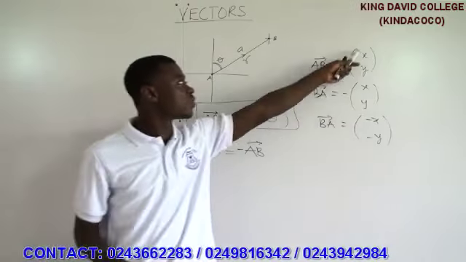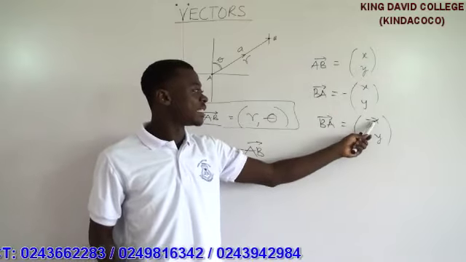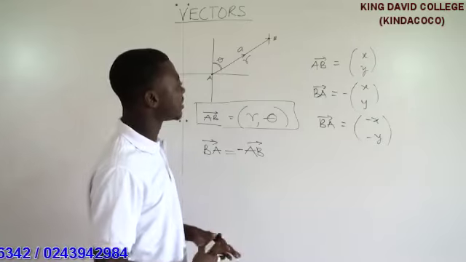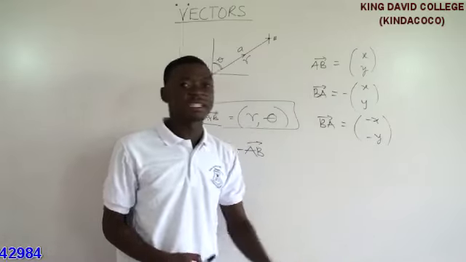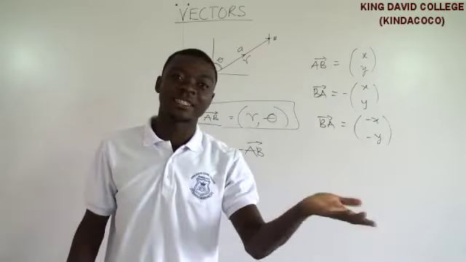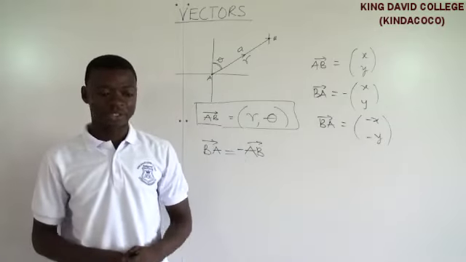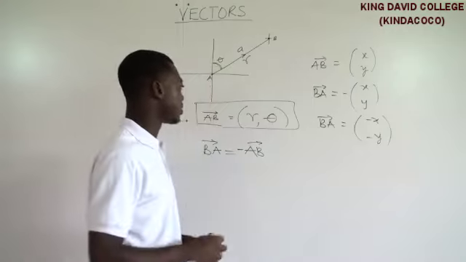So if this was 2, 4, this would have been negative 2, negative 4. And so if you do everything, you realize that they are the same, just that one is having the opposite as well in terms of direction.